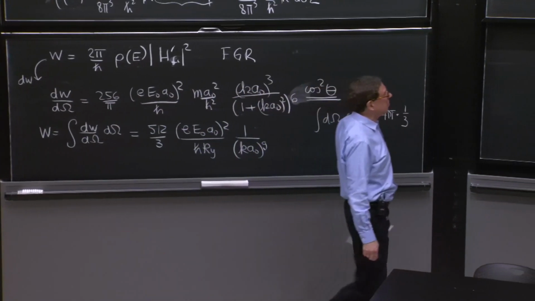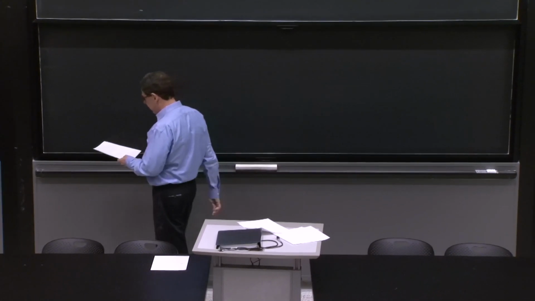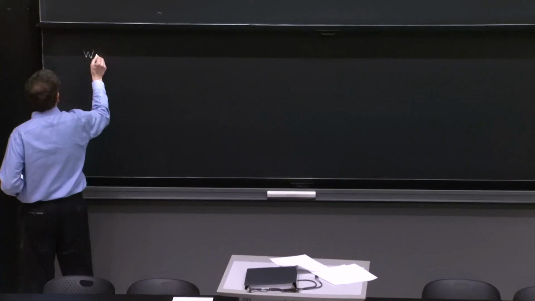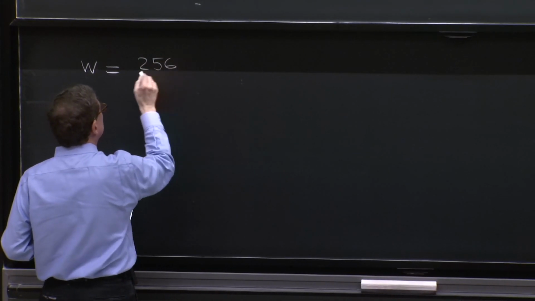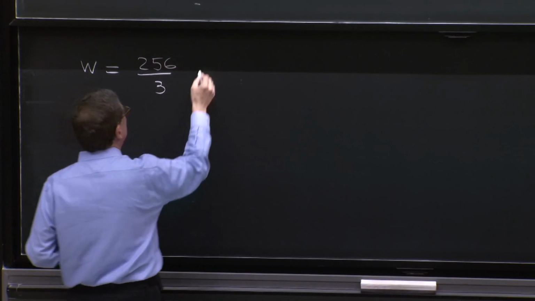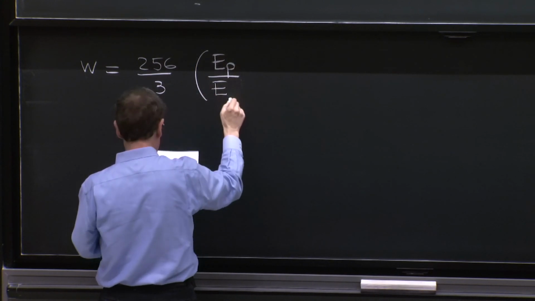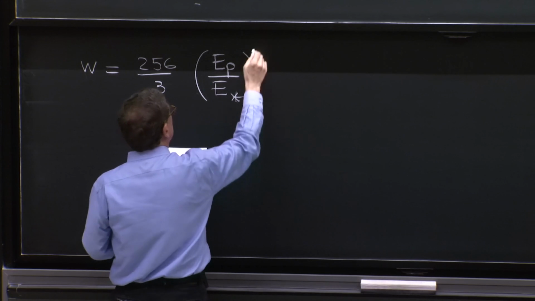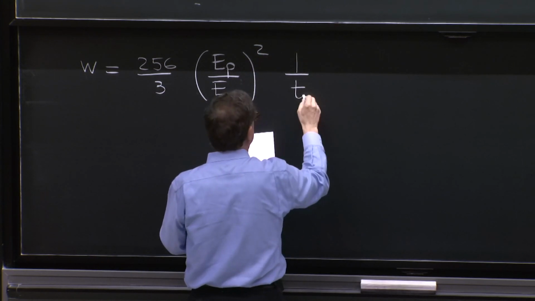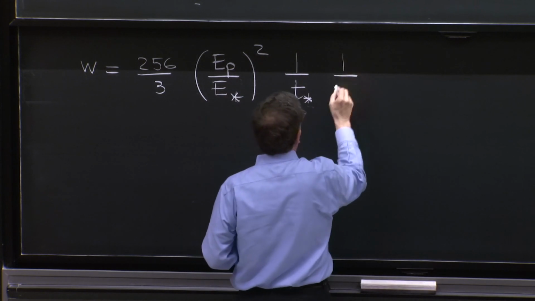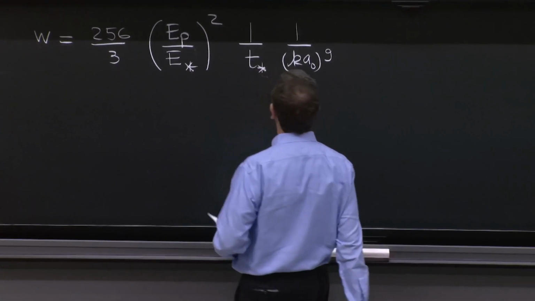And this is what people that do atomic physics do with this rate. So they write it in the following way. Again, a short calculation to get this, 256 over 3. And they put in atomic units, EP over E star, I will explain what these numbers are, squared, 1 over T star, 1 over K A naught to the 9th.